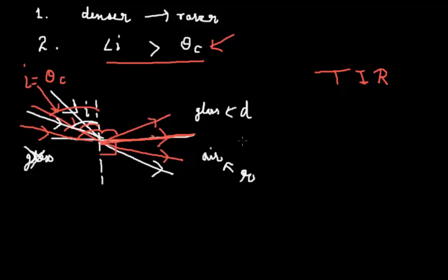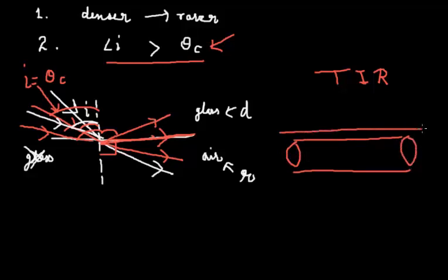And the best application of total internal reflection is propagation of light inside an optical fiber. Optical fibers are made up of thin glass or plastic.